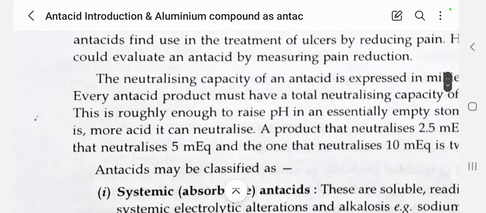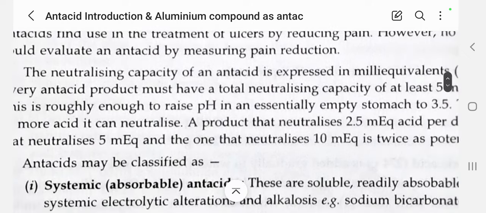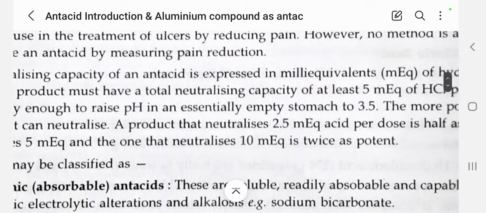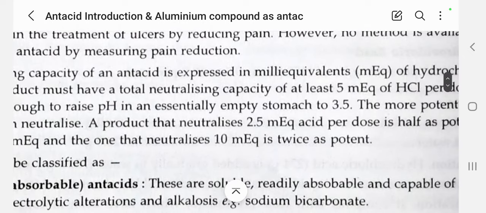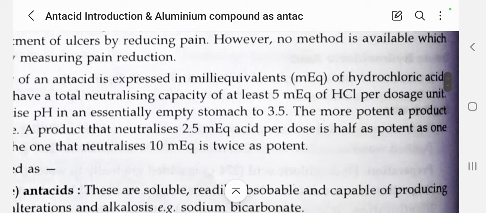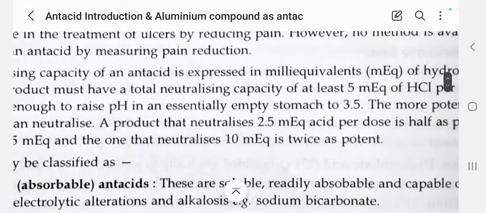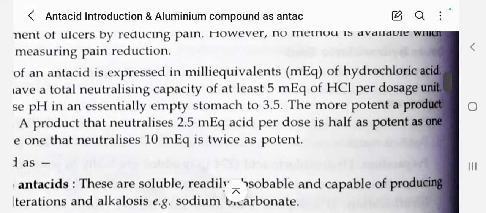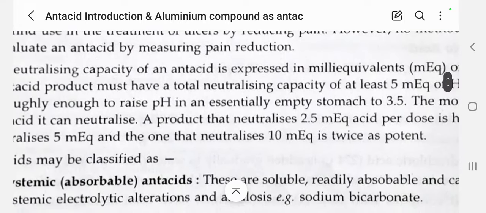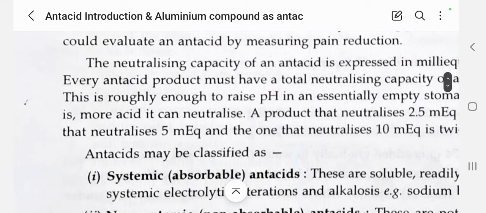Every antacid product must have a total neutralizing capacity of at least 5 milliequivalents of hydrochloric acid per dosage unit. This is roughly enough to raise the pH in an essentially empty stomach to 3.5. So the more potent the product is, the more acid it can neutralize.